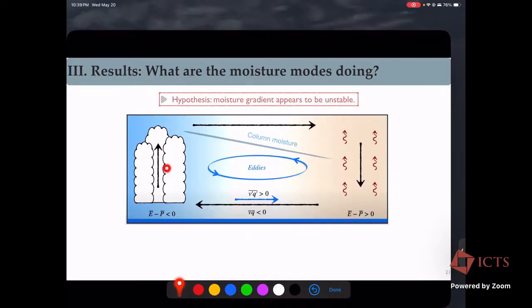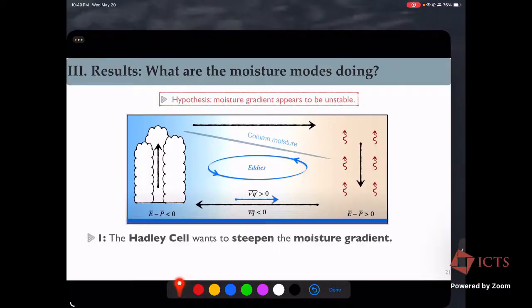This is the equatorial region, and this could be considered the high latitudes. So there is a moisture gradient basically in this direction. The hypothesis, based on many previous studies, is that the Hadley cell always wants to keep this moisture gradient as observed here. It wants to have a more organized ITCZ.